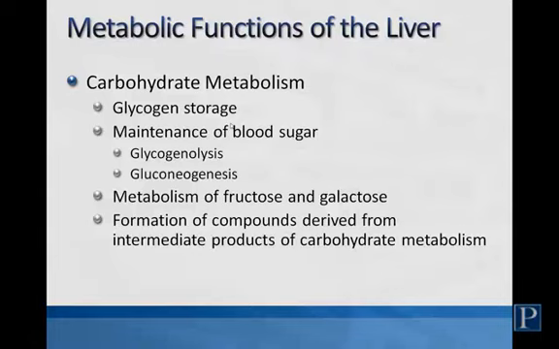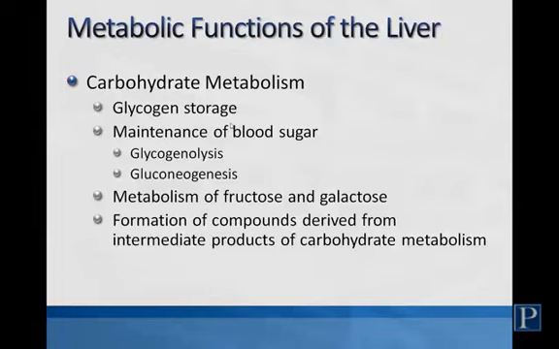Now, the liver has over 200 metabolic functions. In Biochemistry 1 and Biochemistry 2, I'm sure you learned about all these different pathways, and a common theme is, oh, that takes place in the liver, that takes place in the liver. They weren't lying. So the liver makes glycogen. It is very important in maintaining your blood sugar.